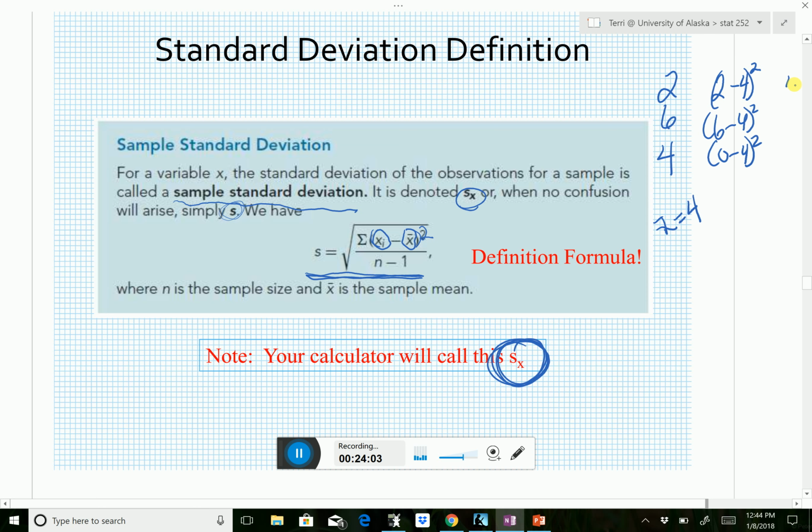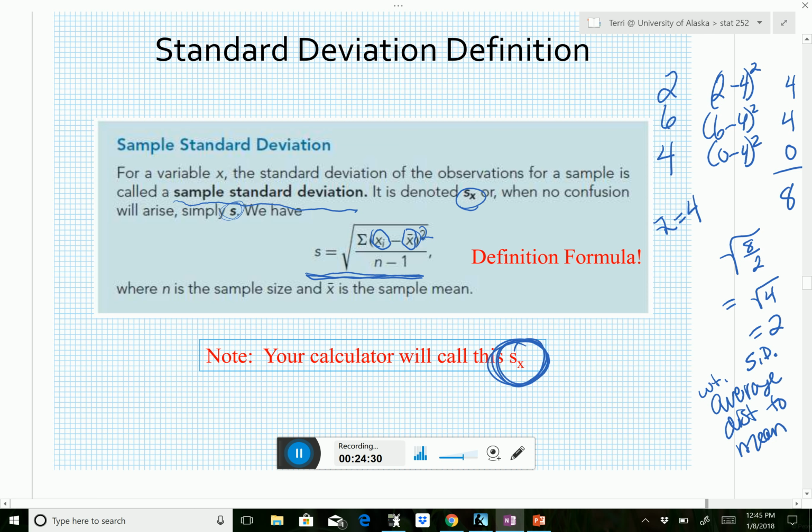So here I would have 4, 4, 0. Add those numbers up, I have 8. So I want the square root of 8 over 2, the square root of 4, which is 2. So my standard deviation is 2. That is my average. It's kind of a weighted average distance to the mean.